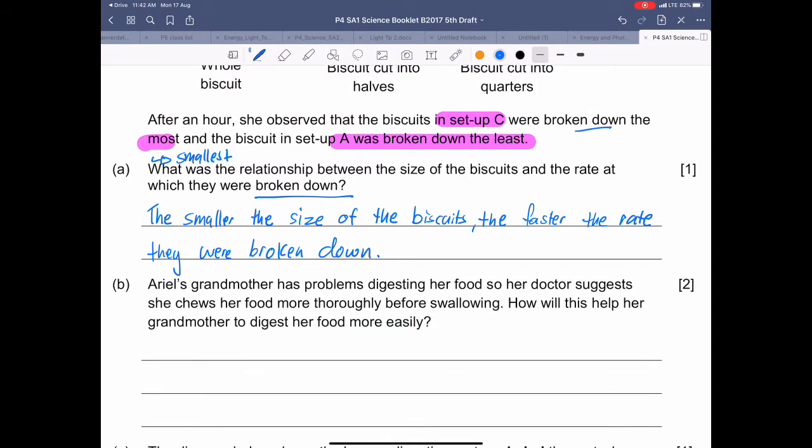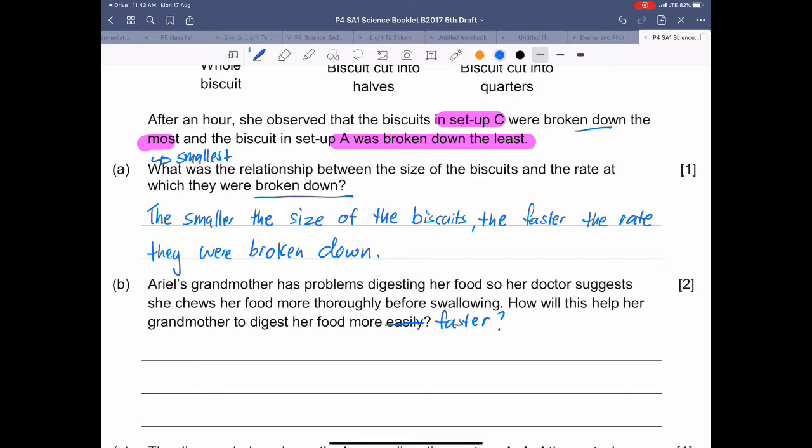Now, the next question states that Ariel's grandmother has problems digesting her food. So her doctor suggests she chews her food more thoroughly before swallowing. How would this help her grandmother to digest her food more easily? In fact, in this question there's a wrong keyword here. You cannot say more easily, you have to say faster, because easily is very general. I do not want to see that in your answers.